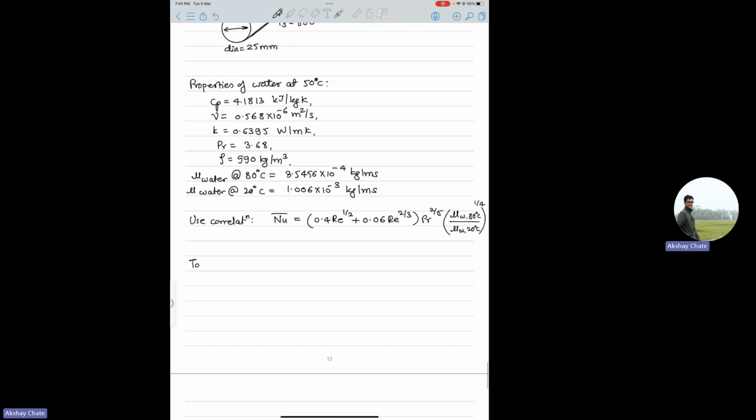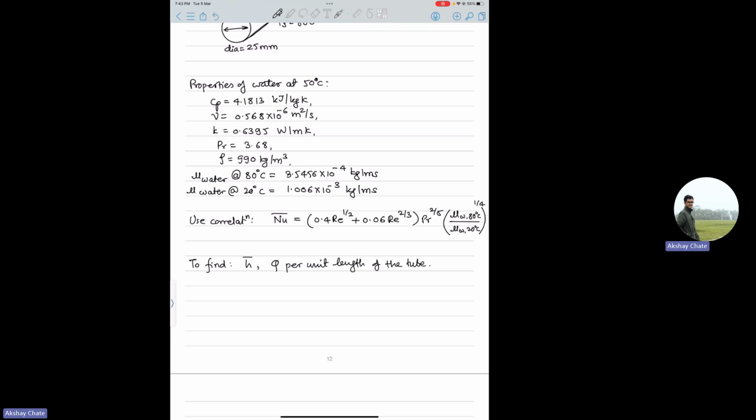Now we need to find the average heat transfer coefficient first, and then Q, the heat transfer rate per unit length of the tube.